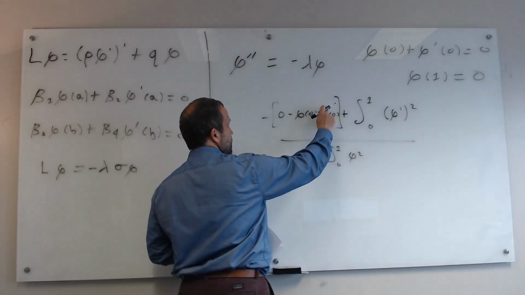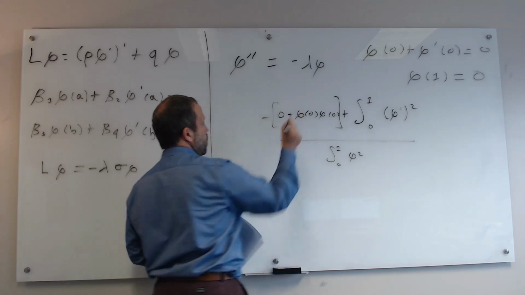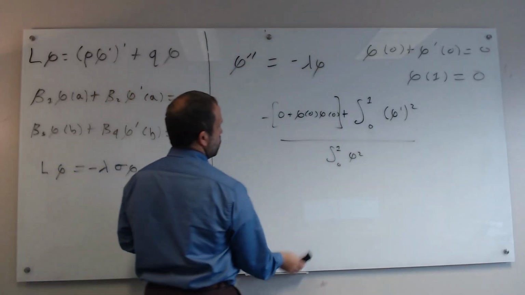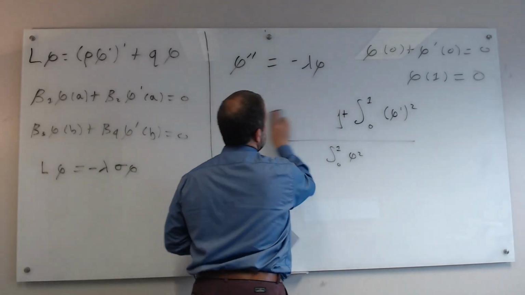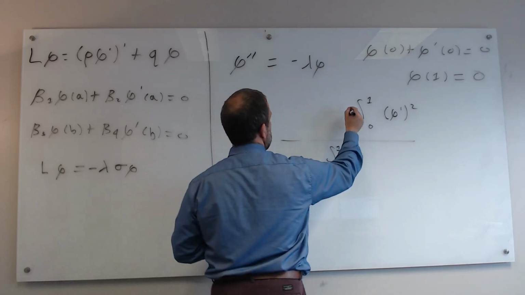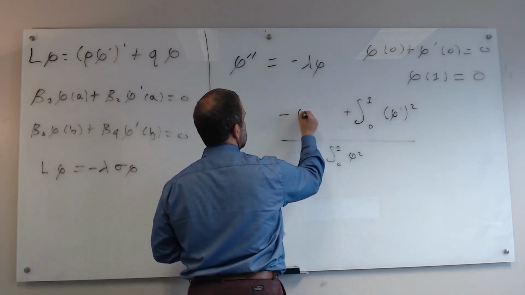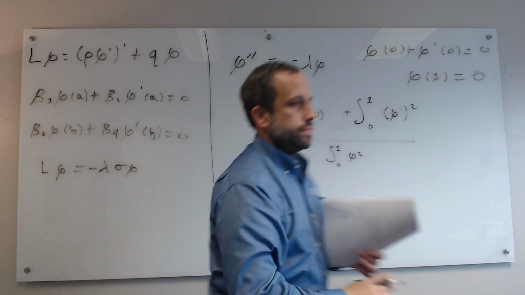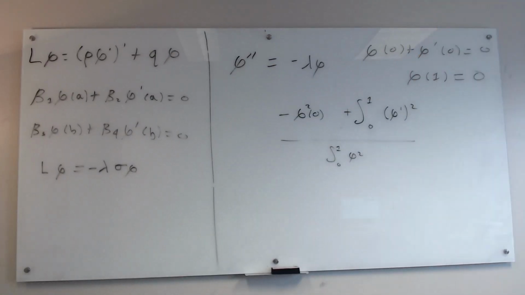So it's minus phi of 0, and this is going to be minus phi of 0 squared, and then plus that.